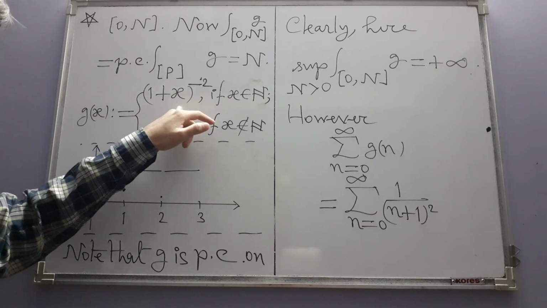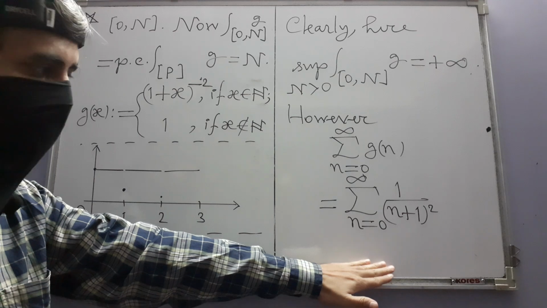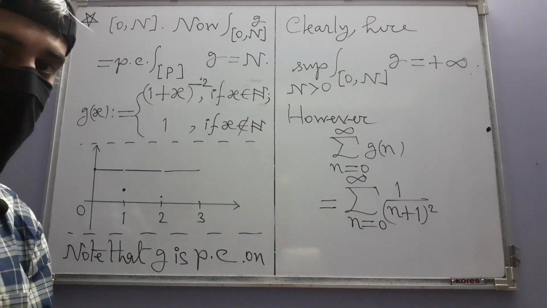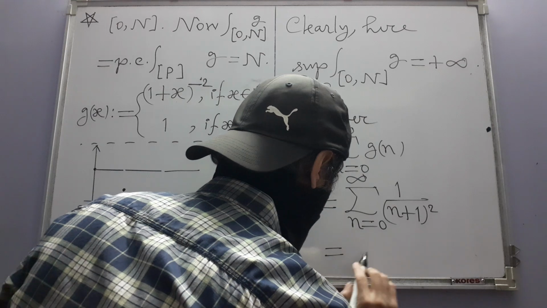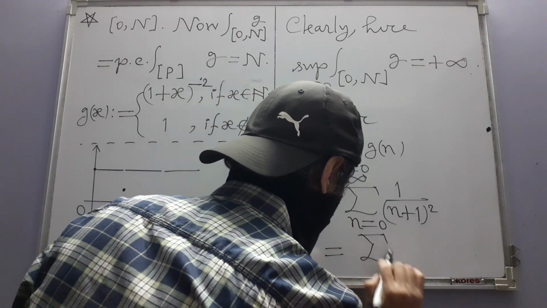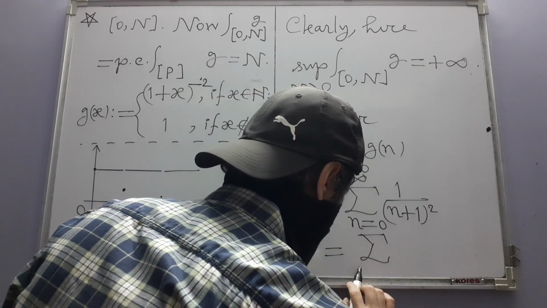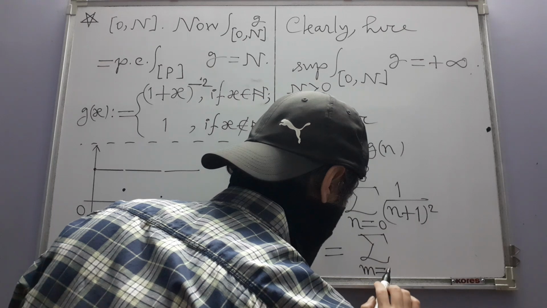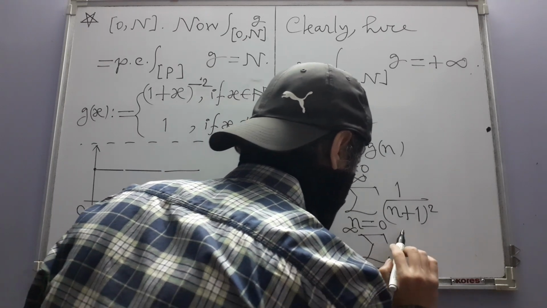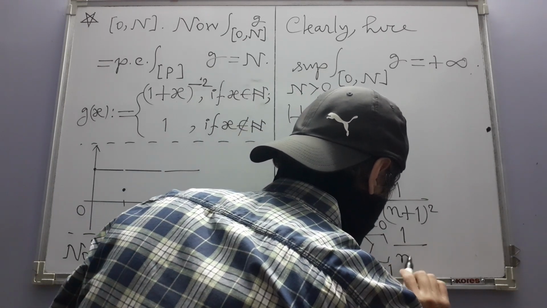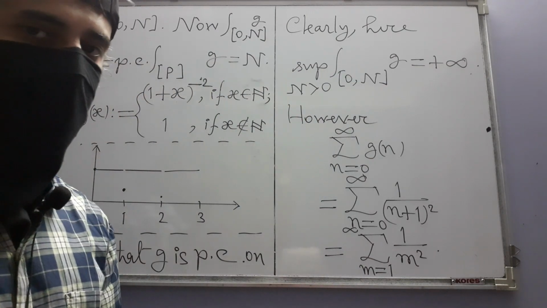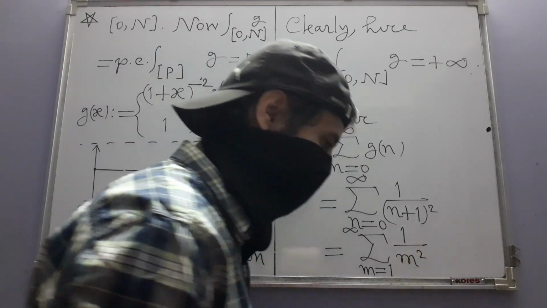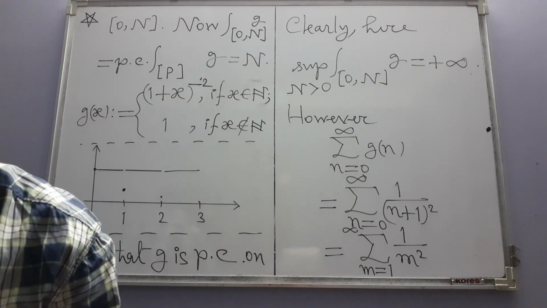We have defined it keeping something in mind because this series looks familiar. We know about this series. If you change the variable and write things like this, say I write the sum over m equal to 1 to infinity of 1 divided by m square, then this is a convergent series, and that comes from a previous result.